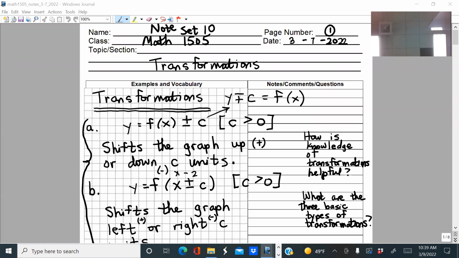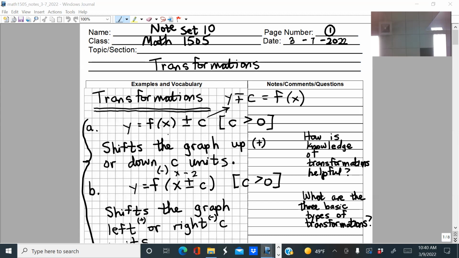Suppose you have a function, and this is just an arbitrary function. It's called f of x. This could be any sort of formula, but imagine you already know what the graph of f of x looks like for some reason. It may be some graph that you've already constructed, or it may be some simple function that you can just look at and say, oh yeah, that's a simple curve, so I know what that graph should look like.